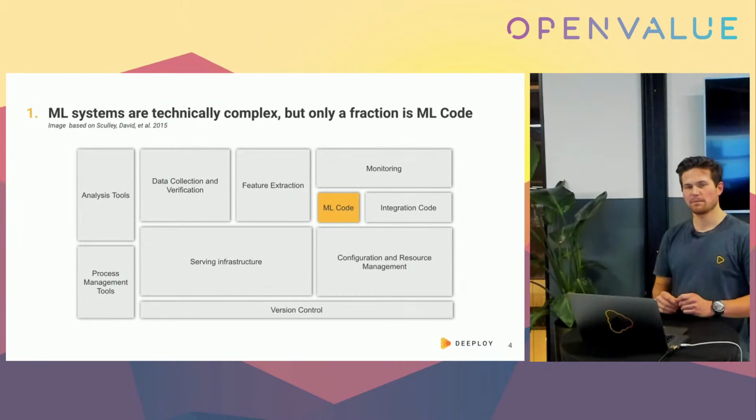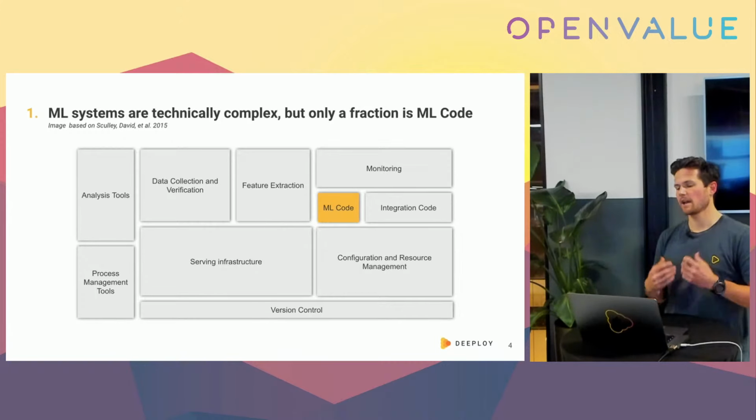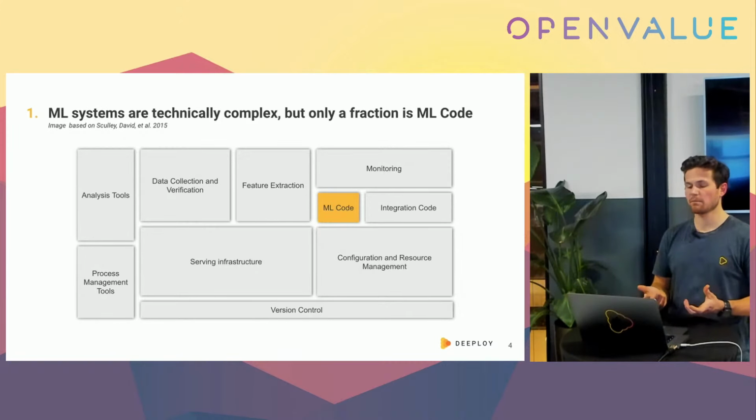This picture may be familiar to you. It's based on a well-known paper that Google published, and the ML code, which is often developed by non-software engineers, is just a really small portion of the whole system. There's a really large part, also related to the previous talk, of the whole data collection, validation, and verification process.